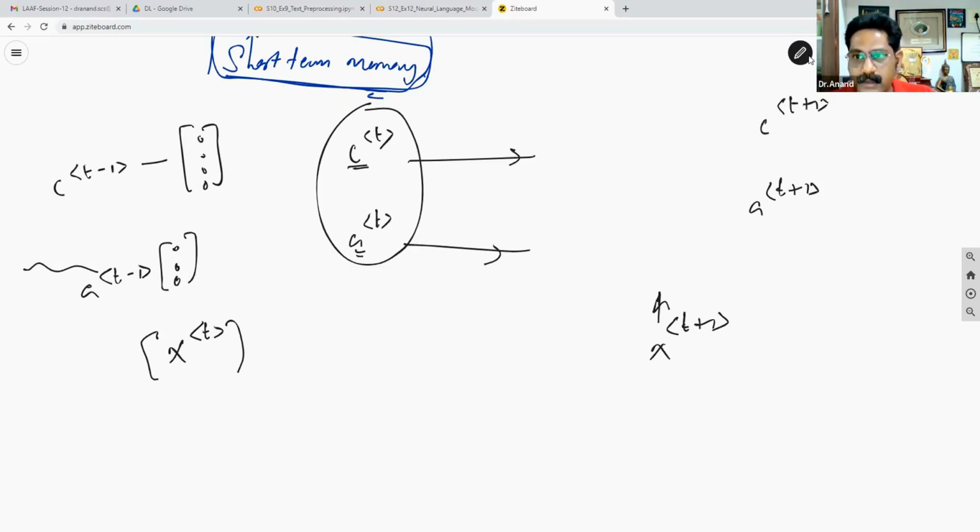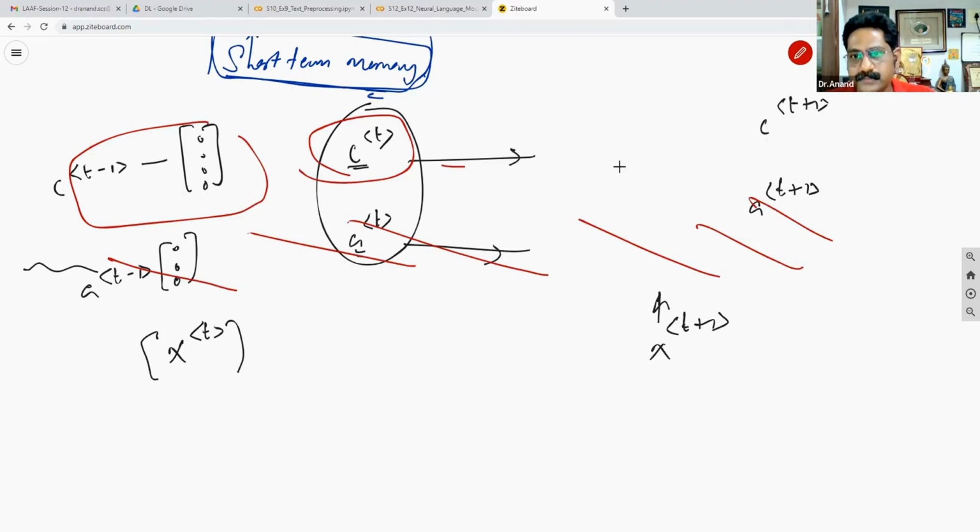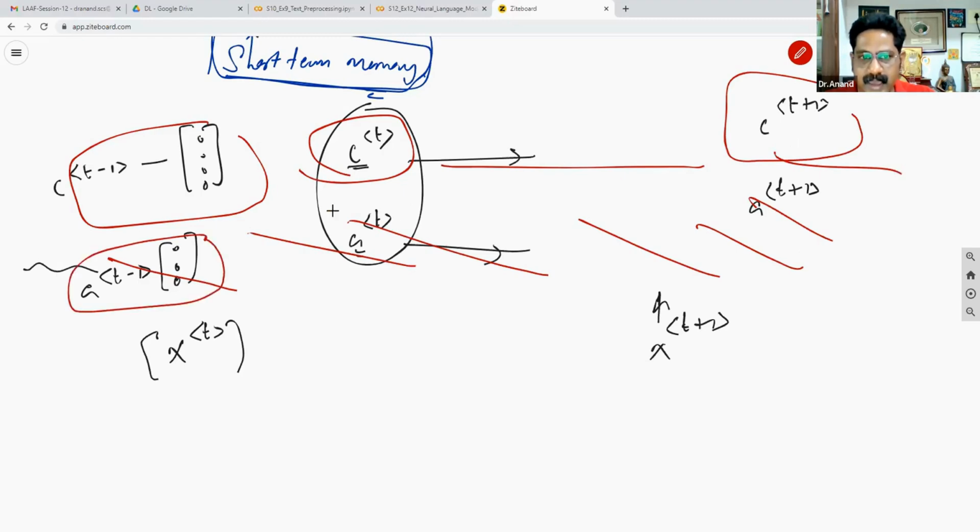Whereas in the GRU unit, we don't have a separate memory of this A of t. Only this portion alone we carry forward. But in the LSTM unit, we are carrying forward both my short-term memory as well as the long-term memory.